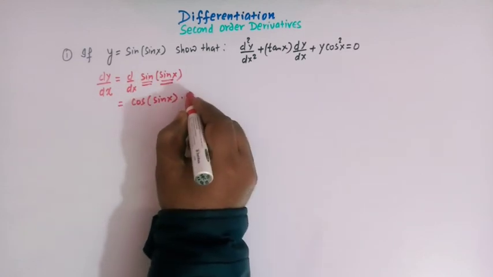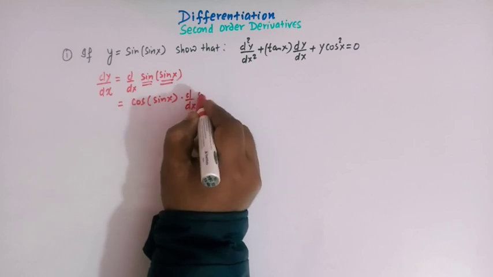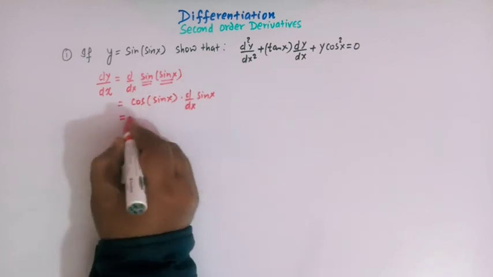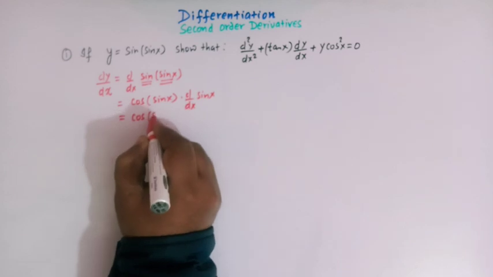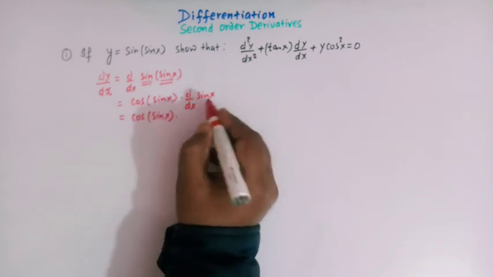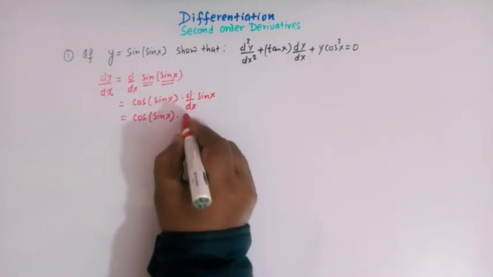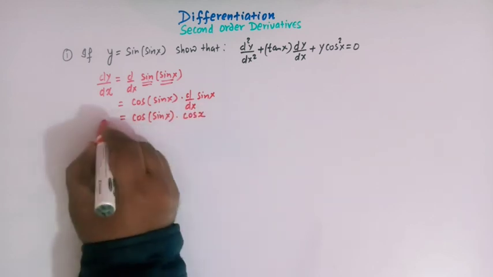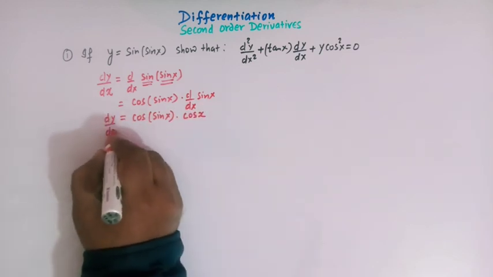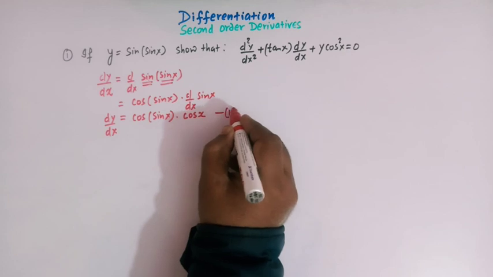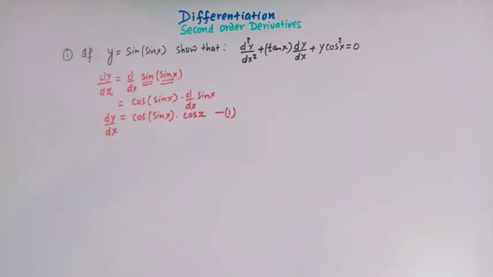The derivative of sine x is cos x. So we have obtained the first derivative like this.